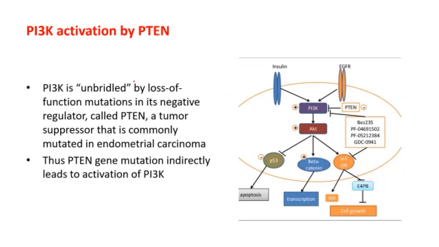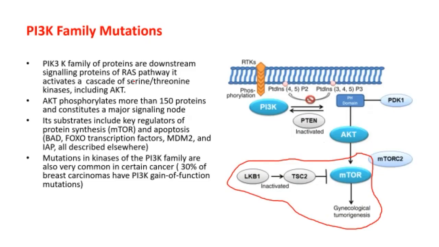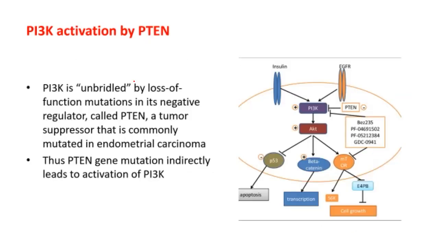These usually lead to haploinsufficiency. Though PTEN need not be knocked out in both chromosomal sets, a decrease in PTEN levels will slowly increase the activity of PIK3. And as told earlier, PIK3 controls AKT. AKT is responsible for most of the things, and mTOR is also one of the downstream pathways of PIK3.